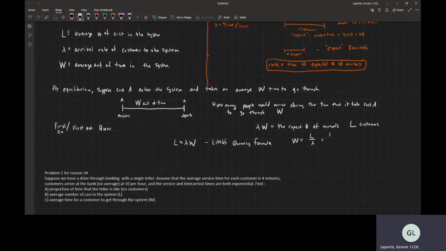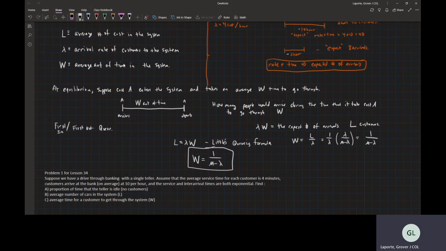So 1 over lambda times L, which is lambda over mu minus lambda, is equal to 1 over mu minus lambda. So W is equal to 1 over mu minus lambda. I'm going to put a box around that one, and we will be done, at least for the derivations.